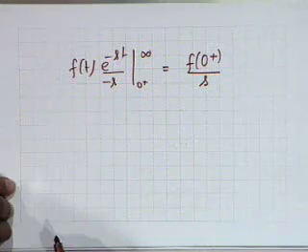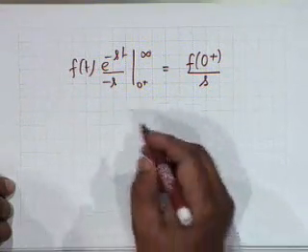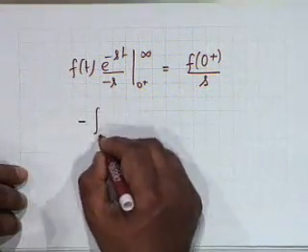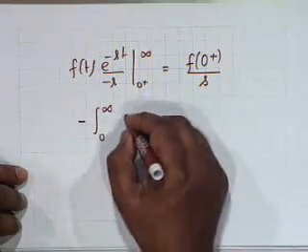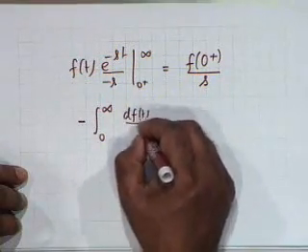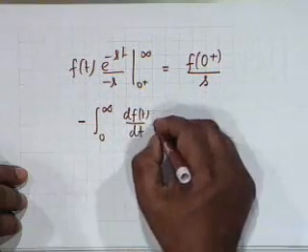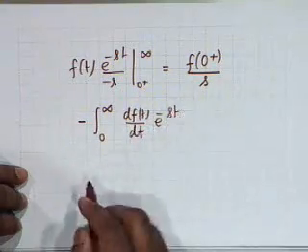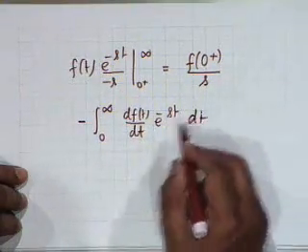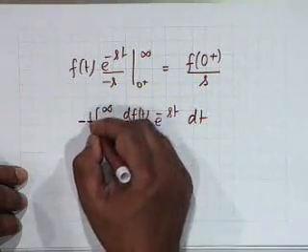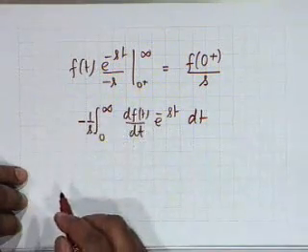Is that okay? What happens to the second integral? Minus, integral 0 to infinity df/dt, then e to the minus st, and you see, since the integral is with respect to t, I can bring s out.